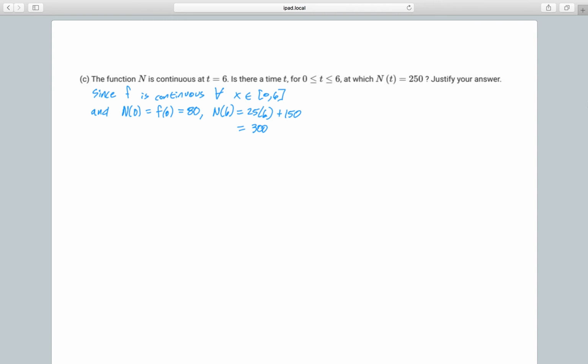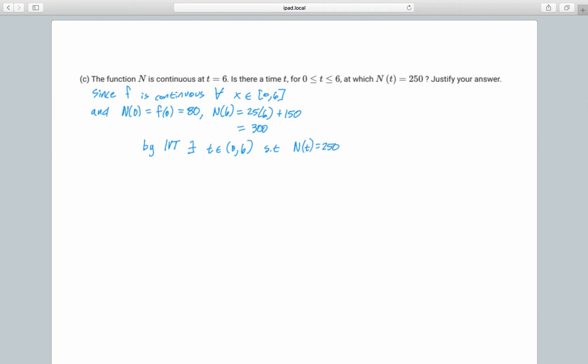Okay. So by the intermediate value theorem, there exists some time in between 0 and 6 such that n of that time equals 250.